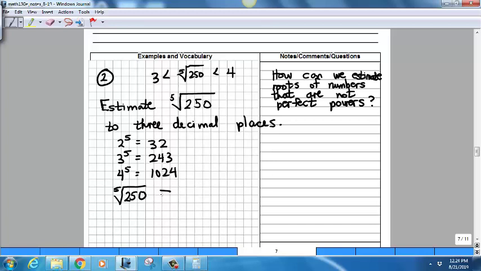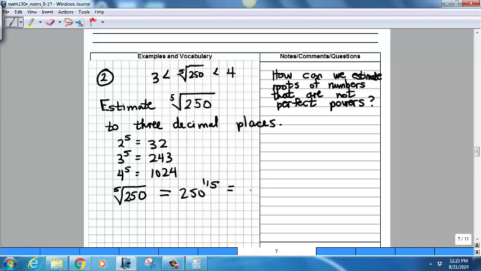I want to write that not as a root, but as an exponent. 250, and then the exponent is going to be 1 over 5. Perfect. So this would just be 250 to the 1/5 power.